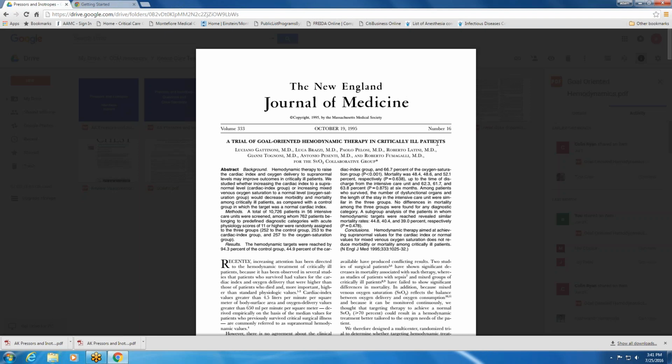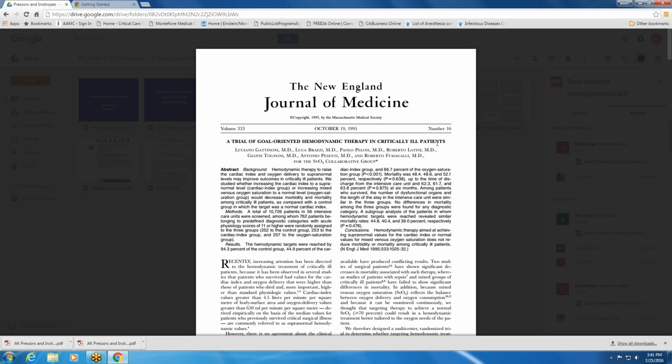I'm not going to go over it too much, but essentially they showed no mortality improvement in the patients randomized to the supranormal physiology states. People would always say, well, the reason you're not showing benefit is because you're not achieving your goals.